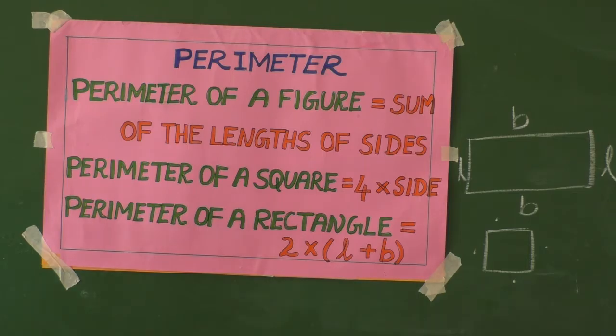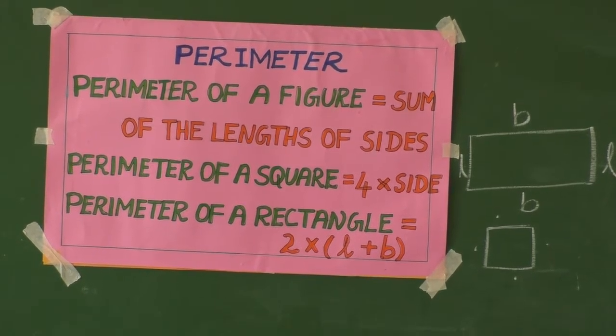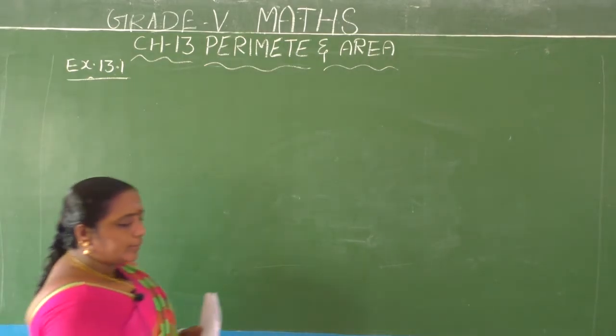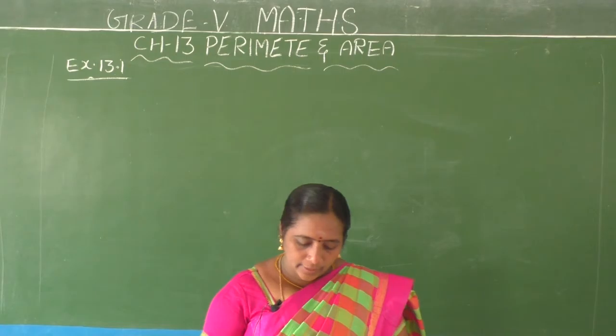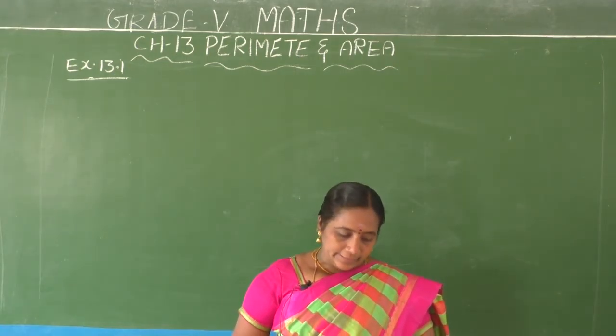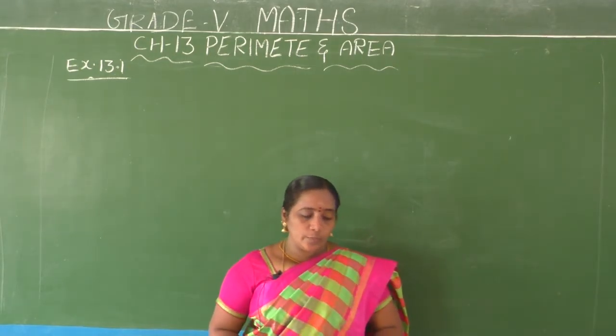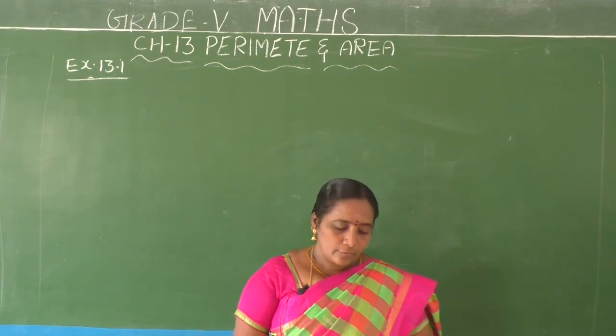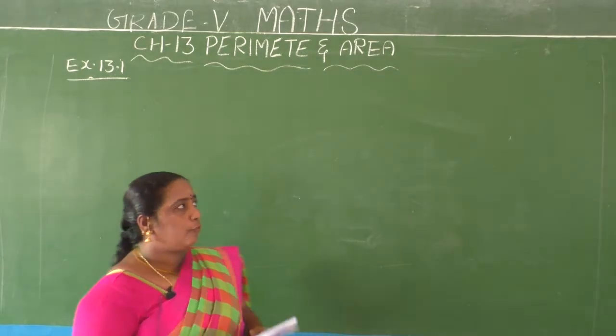Now we go to exercise 13.1. Okay, listen, now we are entering exercise number 13.1. See the first row: find the perimeter of the following figures.